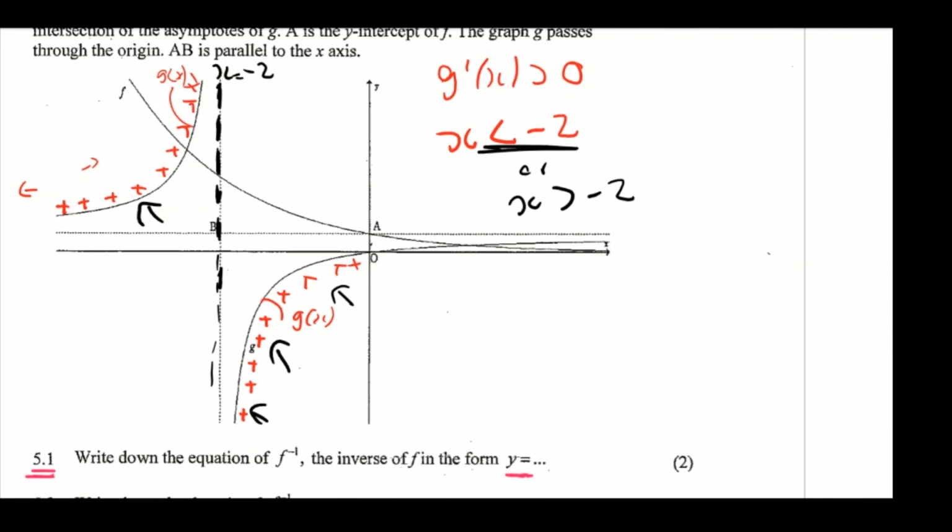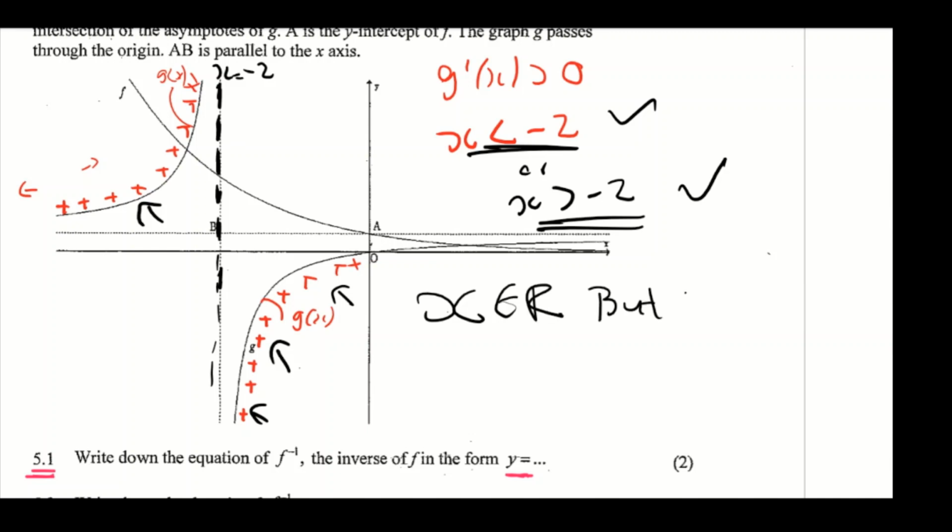Or someone can just say when x is an element of real numbers, but x is not equal to -2. So these two solutions are considered. Either you write this or you write these two here.